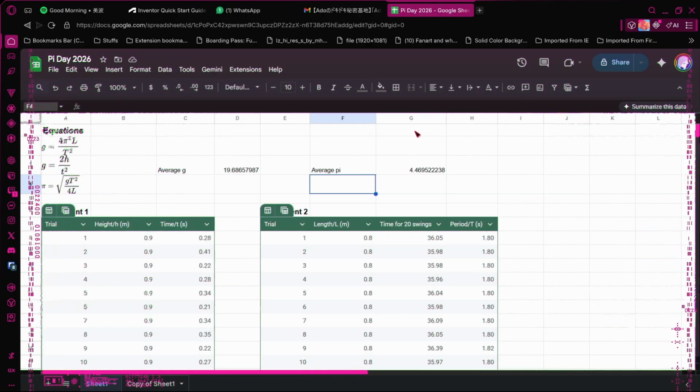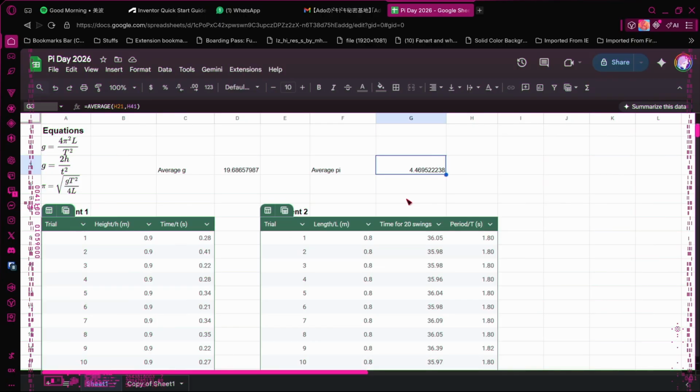I was not expecting it to get this close, especially considering how our G value is more than twice the accepted value of current G. And so I was really expecting pi to be like 7.2 something, over 7. My guess was over 7. But holy hell.